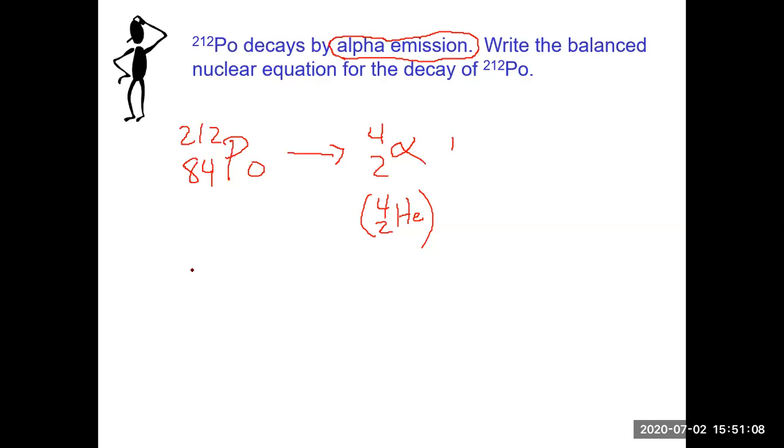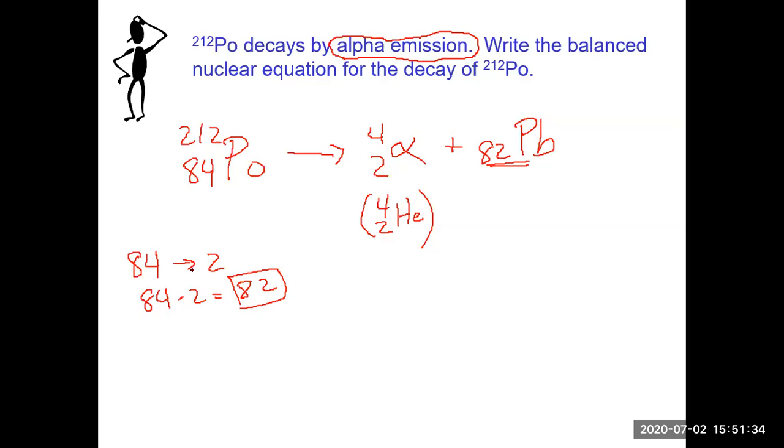So we want to find what's missing here, if you will. We'll start with the atomic number. On the left-hand side, my atomic number is 84. Right-hand side of the arrow is 2. So 84 minus 2 is 82. That is my missing atomic number, which goes bottom left. We then go to the periodic table and look at number 82, and that is our good friend lead.